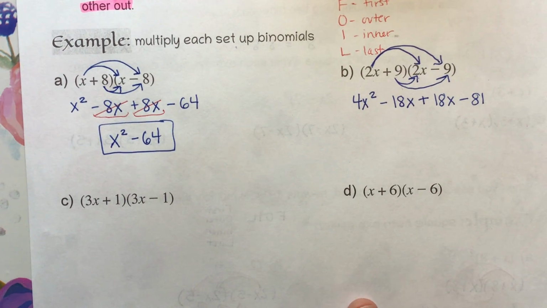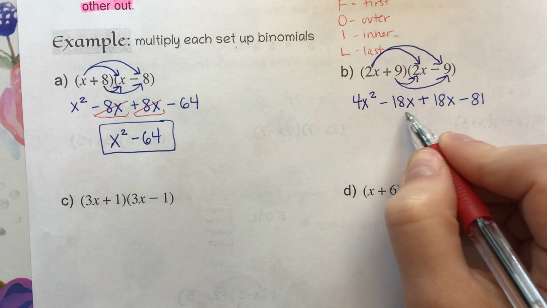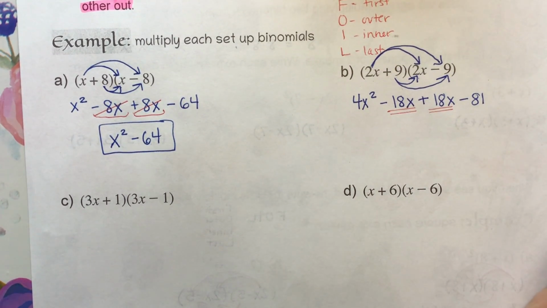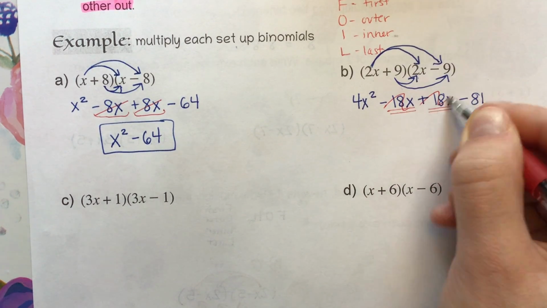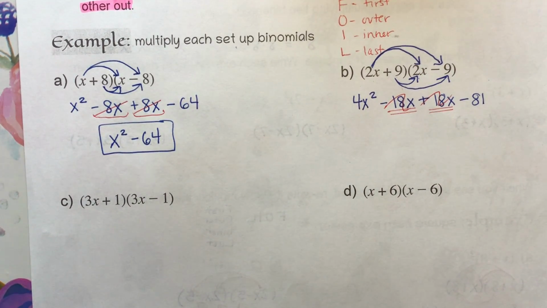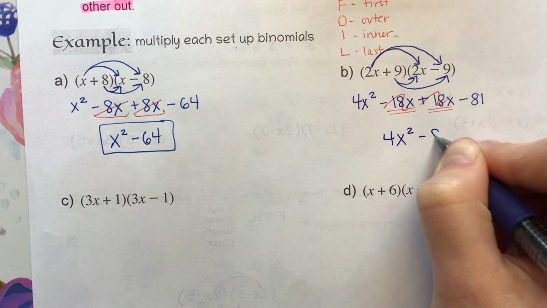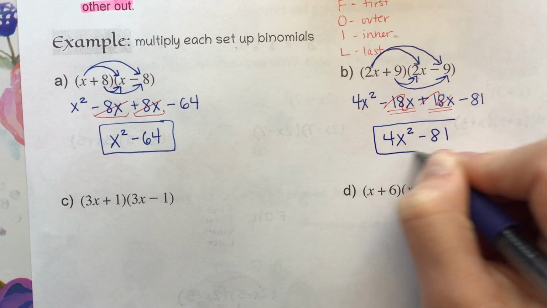Okay, now that I have all of my terms multiplied out, I want to combine like terms, but as you can see, these guys are opposites of each other. So they are going to cancel each other out, and all I'm left with is 4x squared minus 81.